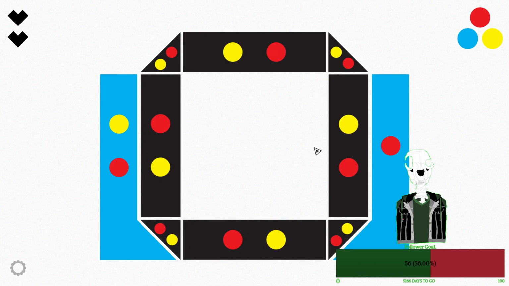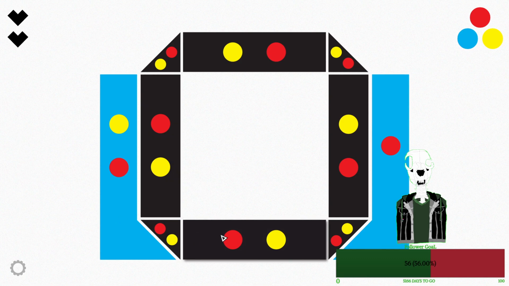Red, yellow, red. Okay, so say this is red. This would have to be yellow. Satisfies this little thing. This little thing would have to be yellow to satisfy this.